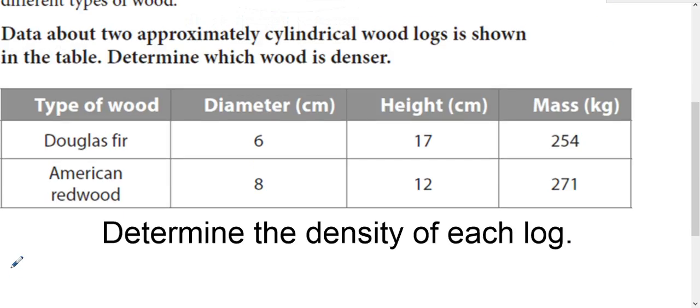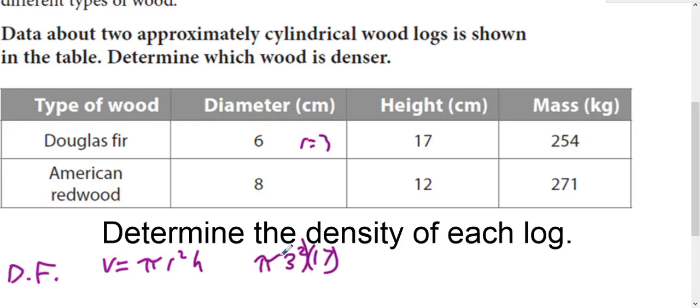So for the Douglas fir, we need the volume. Diameter is 6, the height is 17. It's a cylinder, so the volume is pi r squared times h. Diameter is 6, so the radius is 3. So 9 times 17 times 3.14, 480.42.